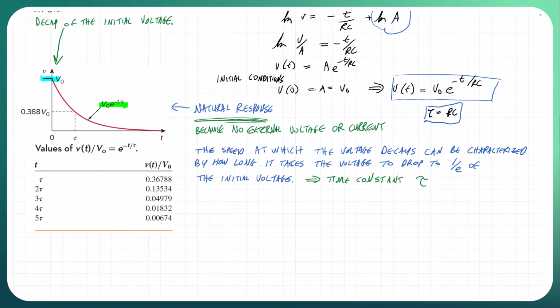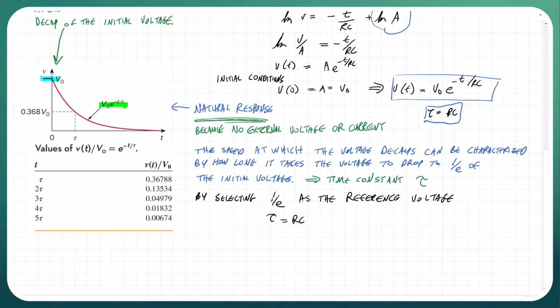So by selecting 1 over E as the reference voltage, tau, as we just defined, will be RC, and then the voltage equation can be expressed as V of T is equal to V naught e to the minus T over tau.